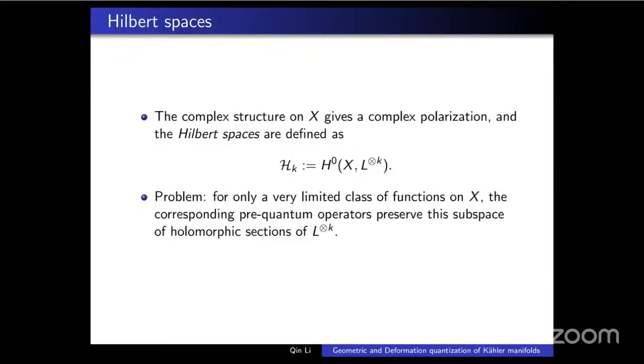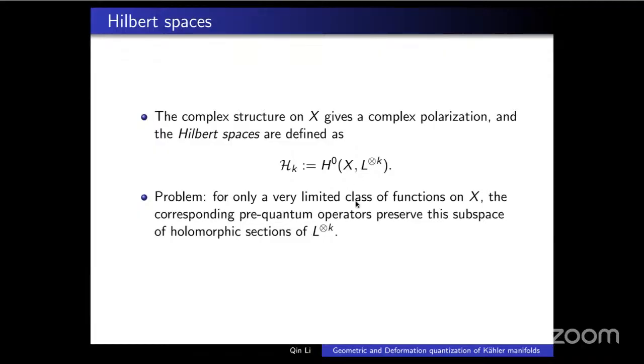And you can see that in those pictures, when we take Hilbert spaces, usually it only depends on half of the variables on this phase space. So a complex structure actually makes this possible, because on X, if it's complex, you have holomorphic functions and anti-holomorphic functions. Holomorphic functions is just half of them. So you pick the holomorphic sections, and that plays the role of picking half of the variables.